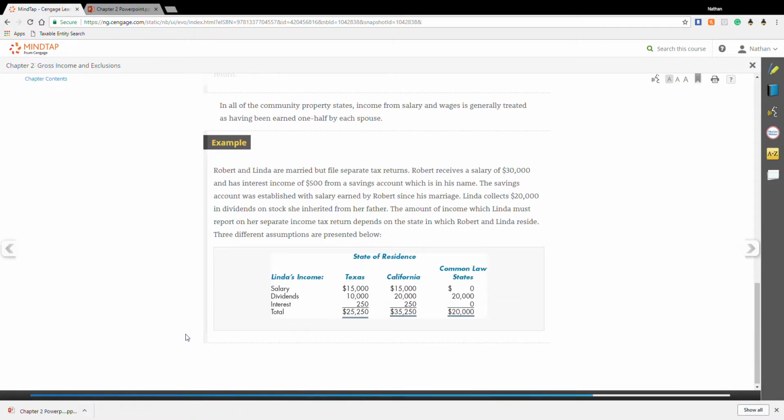Again, another example right here is pretty good. It shows you Texas versus California versus common law states. So those are a good way to go over what's happening with married filing jointly in community property states. Okay, so that's it for chapter 2.